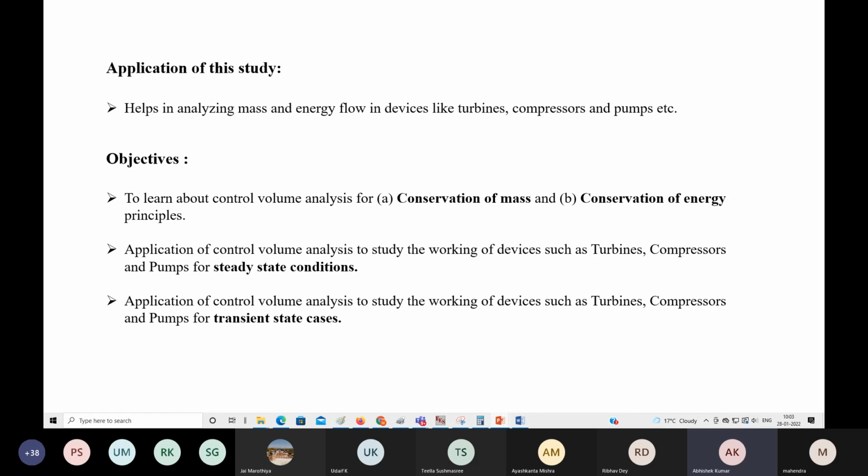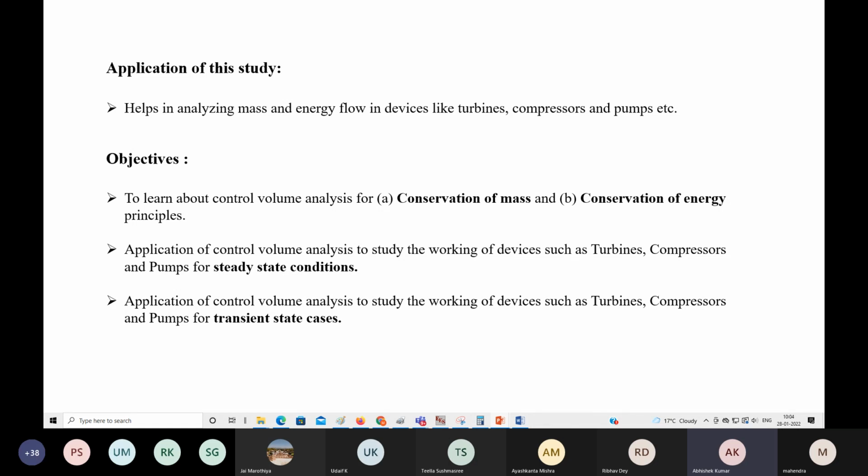Also in the case of the internal combustion engine, during intake, when the inlet valve is opened and the piston is moving down, suction is created, then mass is continuously entering. Anyhow, the boundary is also moving. At the same time, in the exhaust stroke after the power stroke, the outlet port will be open and the piston will be moving up.